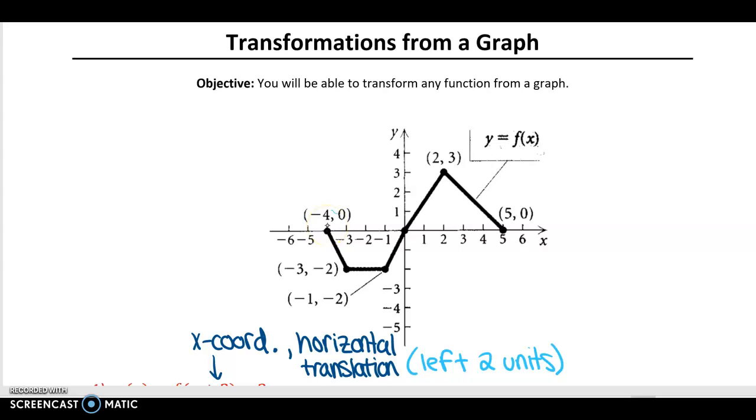So I would start with -4, 0. I would move it to the left 2 units, which would make my new x coordinate -6. And then I'll move it down 1, 2, 3 units. So my new point will go from here to here. Okay. In order to keep track of that, I'm actually going to make a table of the original points.